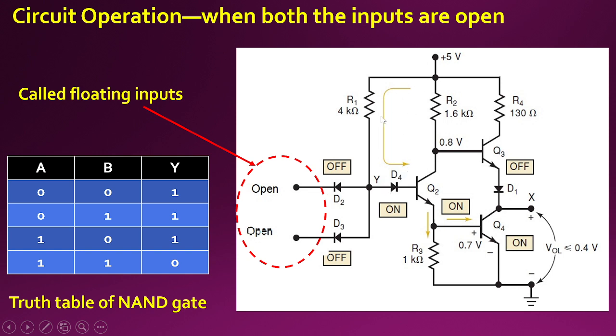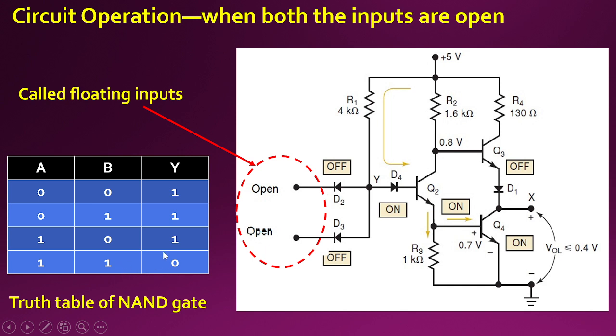It will again switch on the transistor Q2, switching off the transistor Q3, and when Q2 is on, it will switch on the transistor Q4, which will connect X, that is the output, to the ground. So during this situation, we will get an output 0.